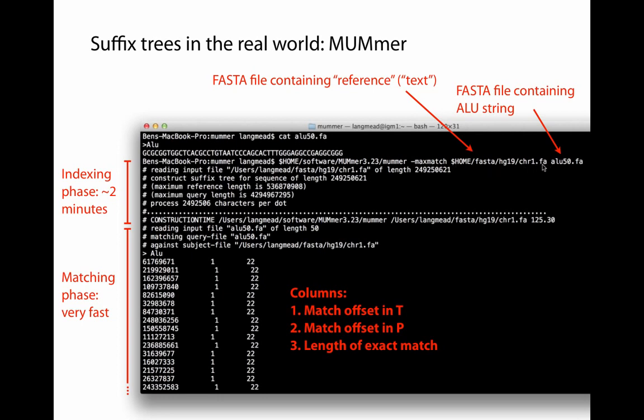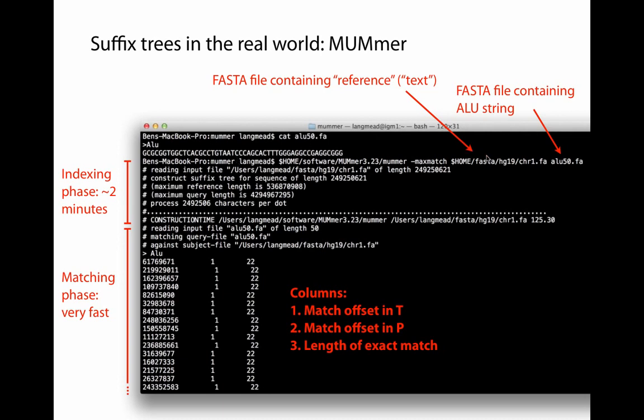In this case, it's just chromosome 1 from the human genome, a particular version of the human genome build, HG19. And then this here is my query string. In this case, it's the same 50 nucleotide sequence that I've been using for other examples, taken from the Alu repeat element. So this is a string we expect to see multiple times in the human genome.